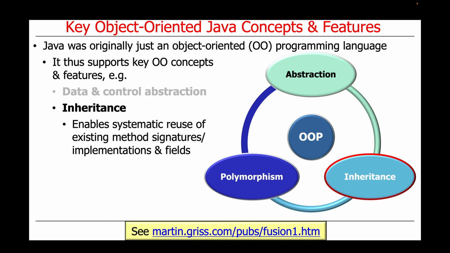Inheritance is an object-oriented programming language feature and concept that enables systematic reuse of existing method signatures, those APIs we talked about, as well as occasionally method implementations that are defined in what are known as superclasses. They can also be used to reuse fields and data representations as well.